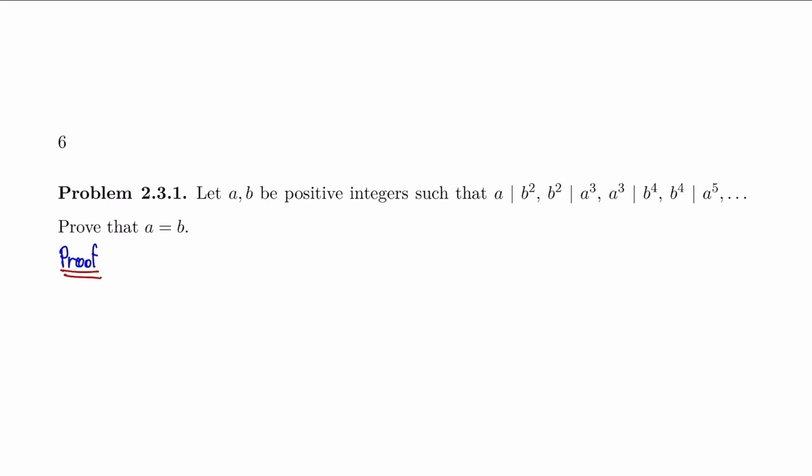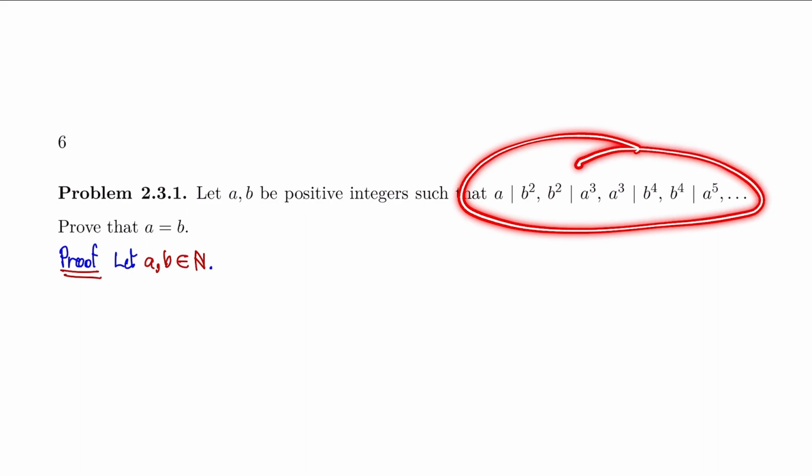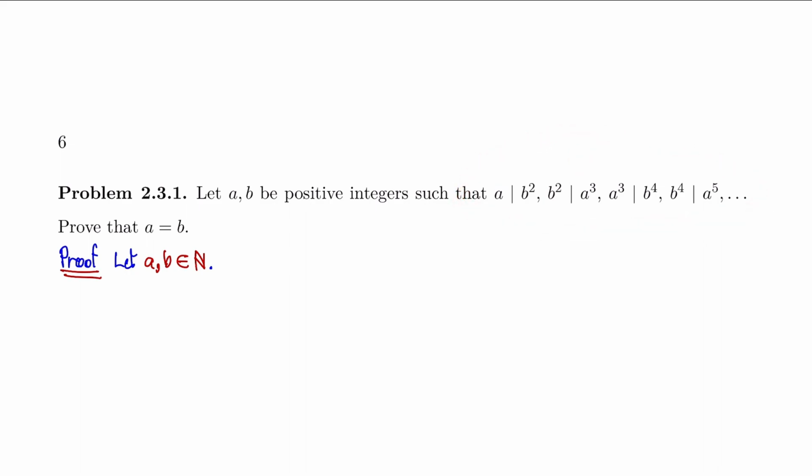So the first thing I want to do is let a and b be positive integers and try to write the general form of this divisibility. As you can see, we have a divides b squared, a cubed divides b to the fourth, and a to the 5 must divide b to the 6.